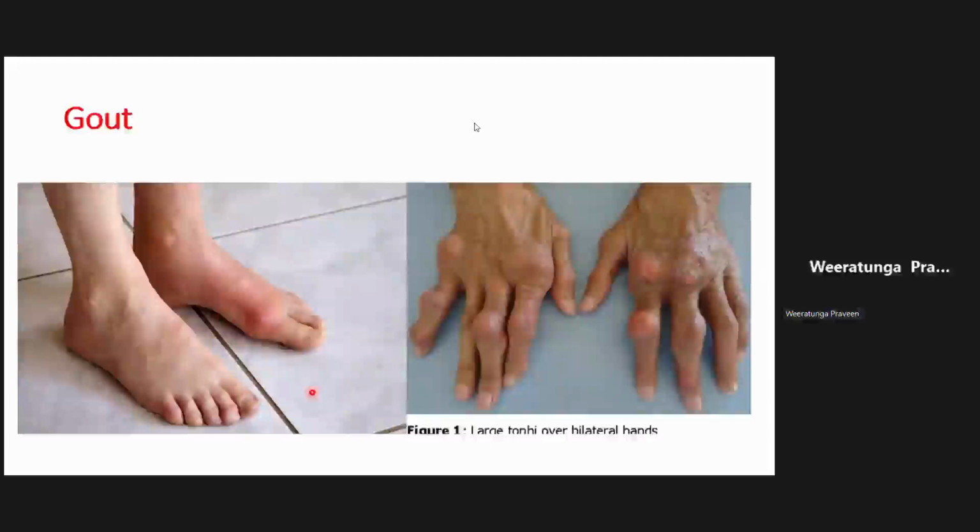Now, typically gout presents with inflammation of the first metatarsophalangeal joint, as you can see in the picture.